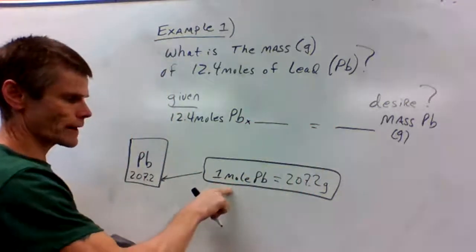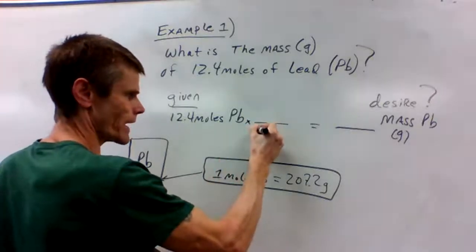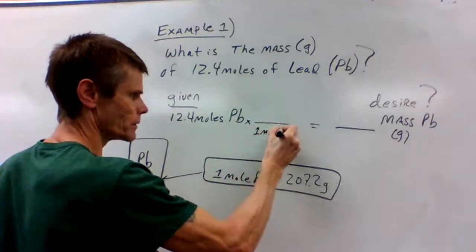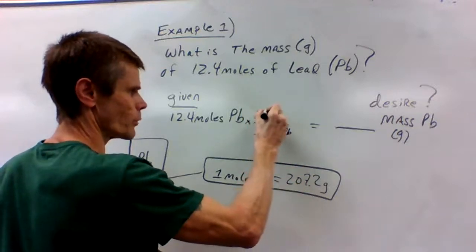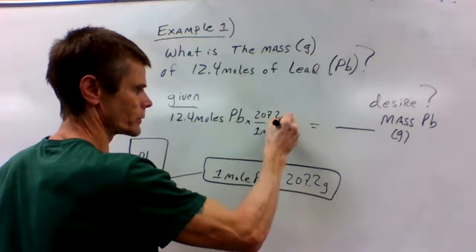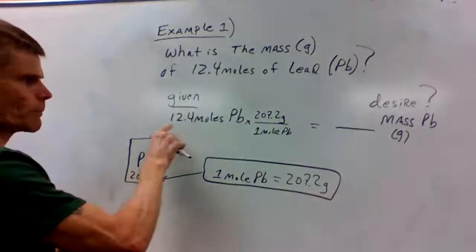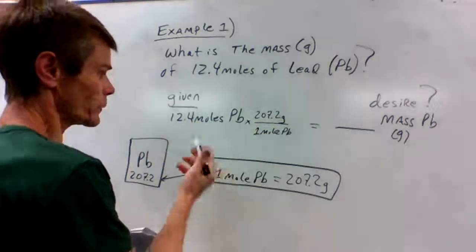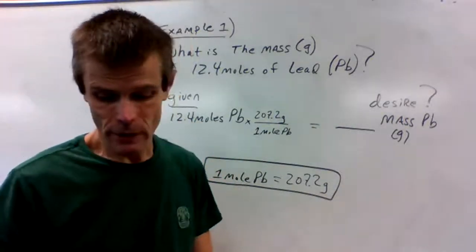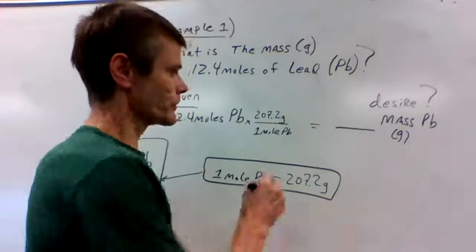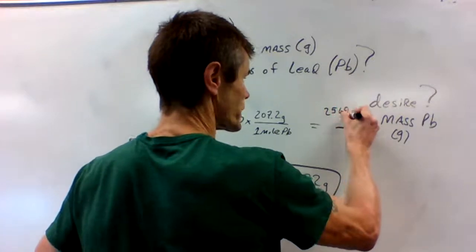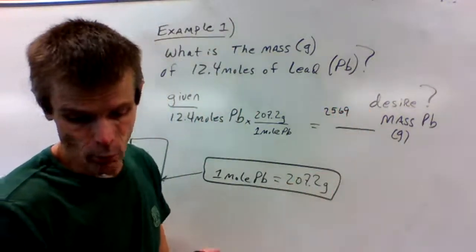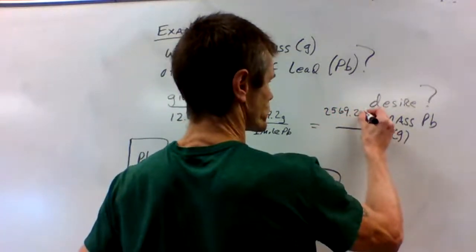Our conversion factor that we're using is the fact that 1 mole of lead has a mass of 207.2 grams. If we multiply this out, we would get an answer of 2,569.28 grams.